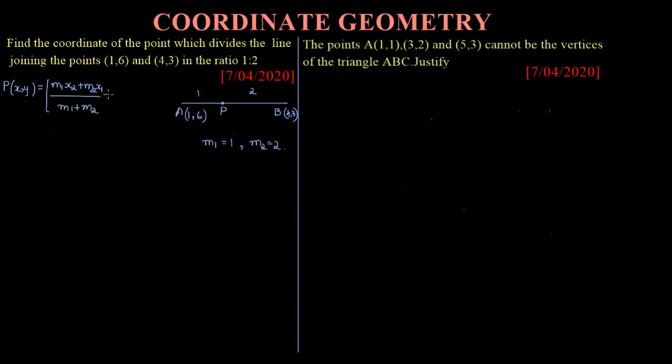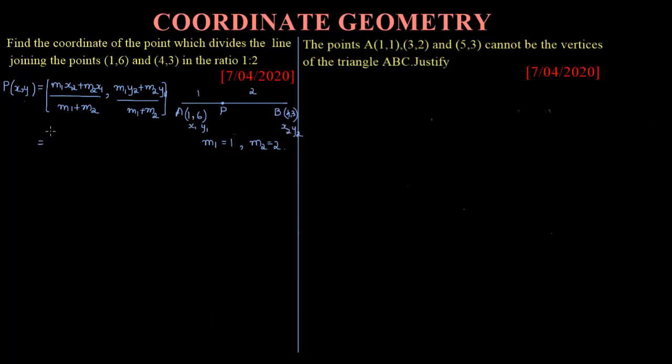This is the x coordinate, and now we will write the y coordinate: m1 y2 plus m2 y1, whole divided by m1 plus m2. Let us enclose this in brackets. Here let me write this point as x1 y1, and let this point be x2 y2.